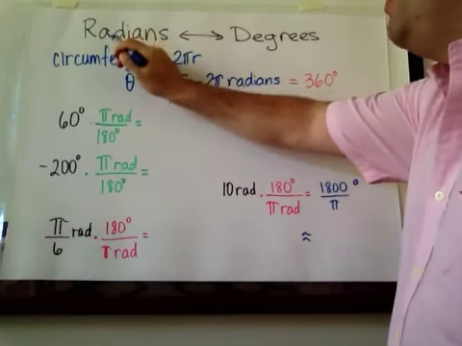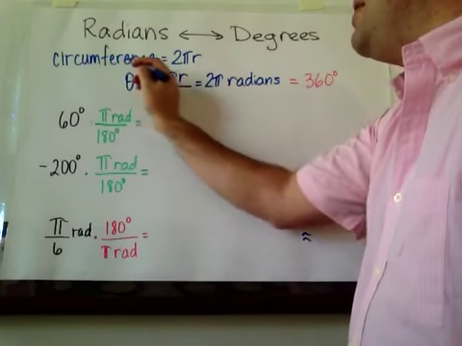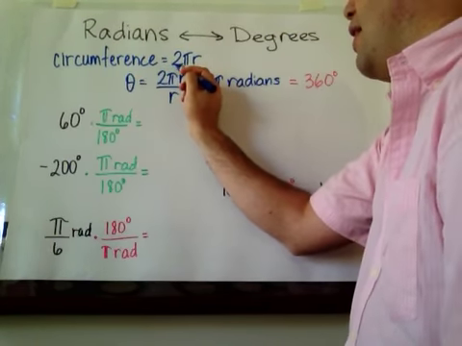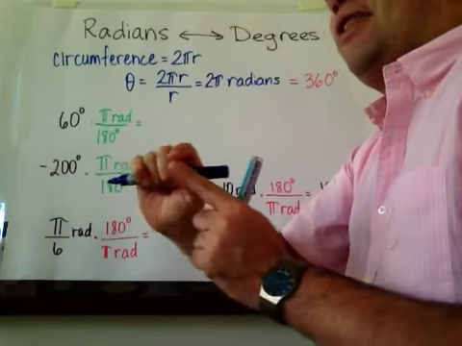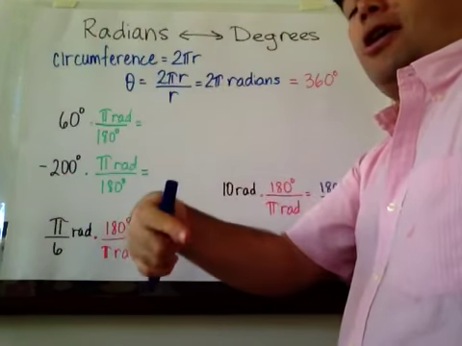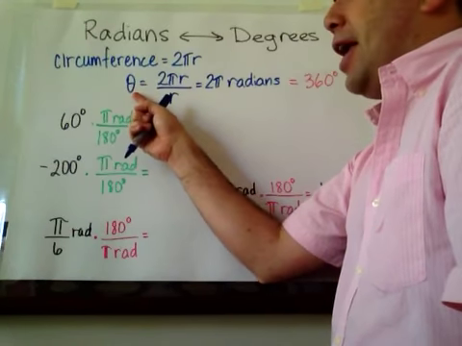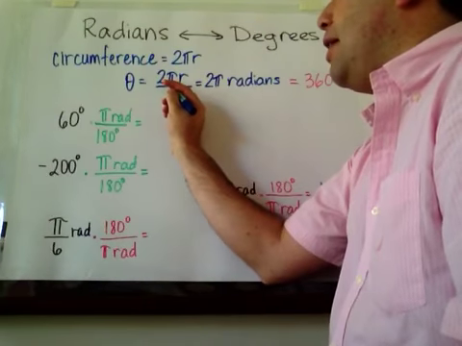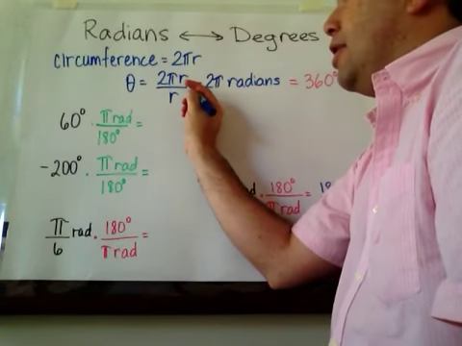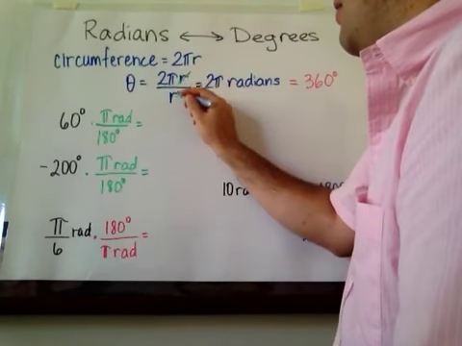So what's the relationship between radian measure and degrees? Well, if we take an entire circumference that measures 2 pi r, we can think of the circumference as an entire arc. So the radian measure of the angle of a circumference would be the arc length, 2 pi r, divided by the radius, r. So the radius cancels.